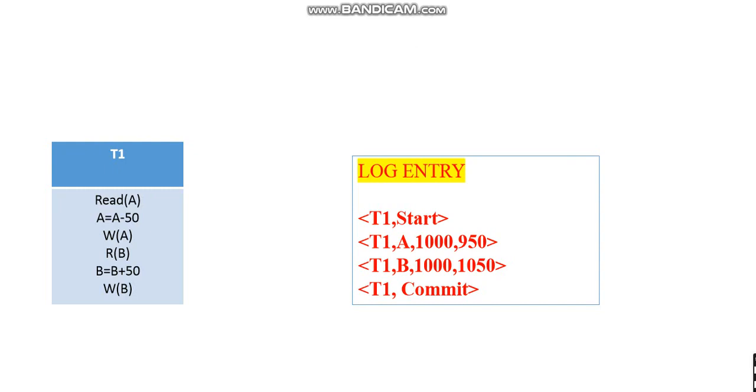Likewise here also, T1 comma B, performing a write operation on the data item B. The old value for B is 1000 and the new value is 1050. Then T1 comma commit indicates that T1 is committed.